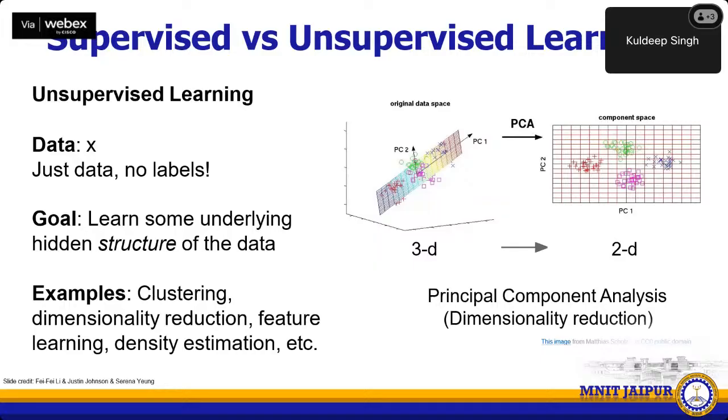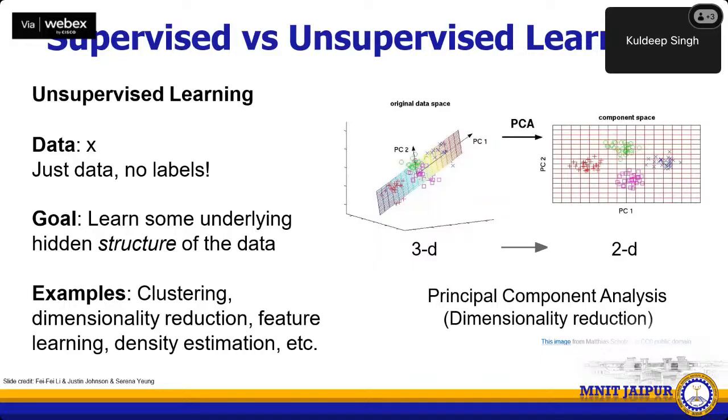Now, our whole problem is related to finding the axes along which there is a major variation in the data. So converting this 3D to 2D means there will be one dimension where there is not much variation in the data.